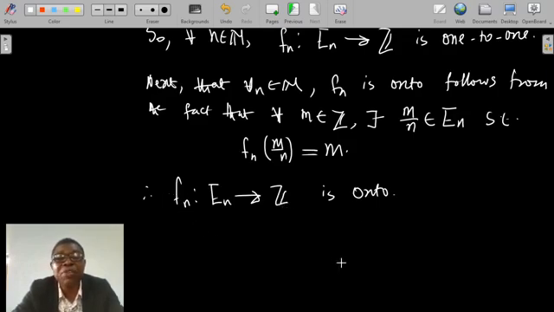So the composition of this map and that particular one-to-one correspondence between Z and the set of natural numbers will give us what we are looking for.